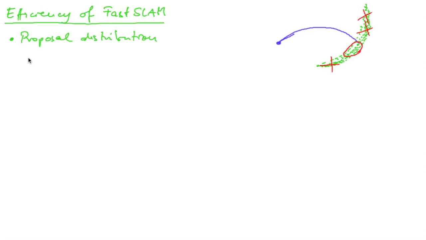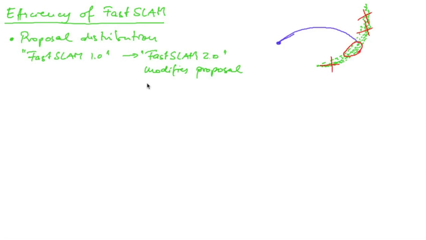In the approach presented here, we do not care about this. In the book of Thrun, Burgard and Fox, this is also called FastSLAM 1.0, and you'll find a different solution called FastSLAM 2.0 in the book, which modifies the proposal distribution so that the measurements are taken into account.